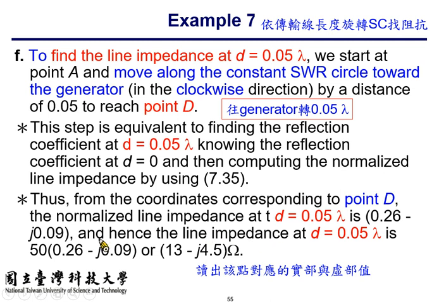If you multiply by the characteristic impedance, you can read the actual impedance at position D, which is 13 ohms minus j4.5, which is a small number, of course.